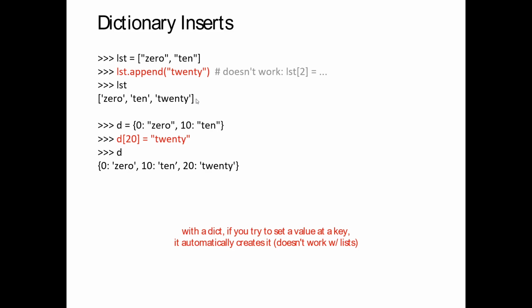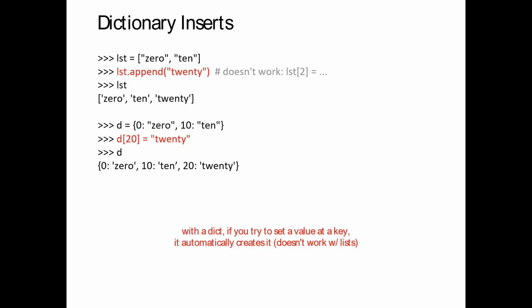For a dictionary insertion, I don't need to do this. I can actually just go ahead and use the same dictionary lookup, and assign a value to it. So I initially have a dictionary with keys 0 and 10 and values 0 and 10. And to add 20, I just use the square brackets, just like I were indexing into the list or performing a dictionary lookup.